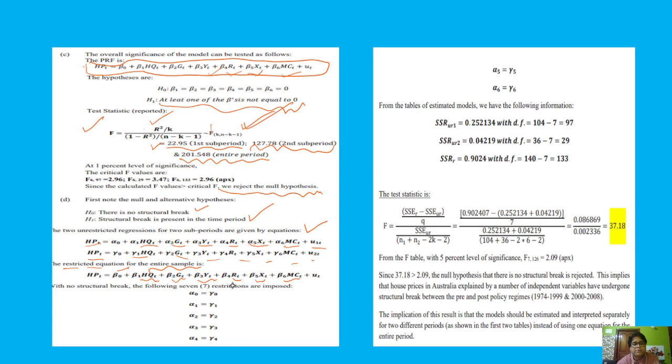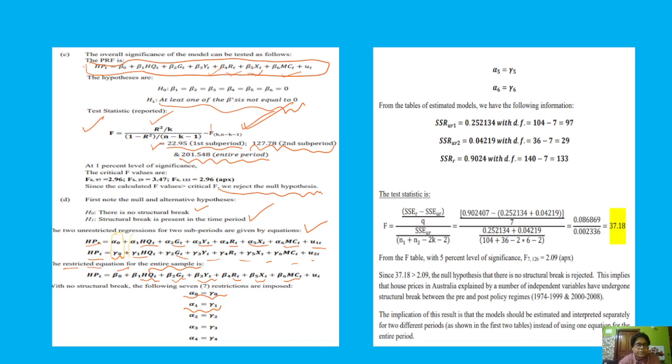MC, X, R, Y, G, HQ, they have their usual meaning as they have given. And with no structural break, if you are going to test it, that means your alpha 0 must be equal to your gamma 0, alpha 1 must be equal to gamma 1, and so on.